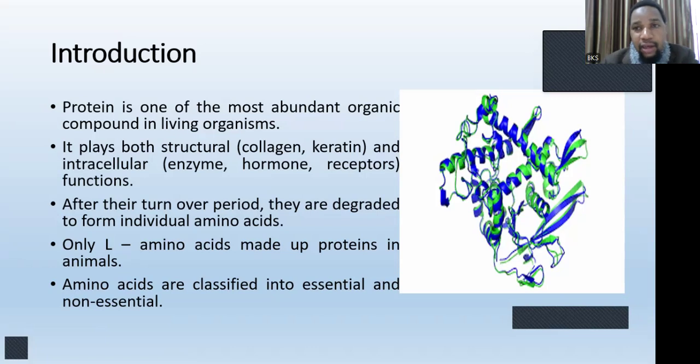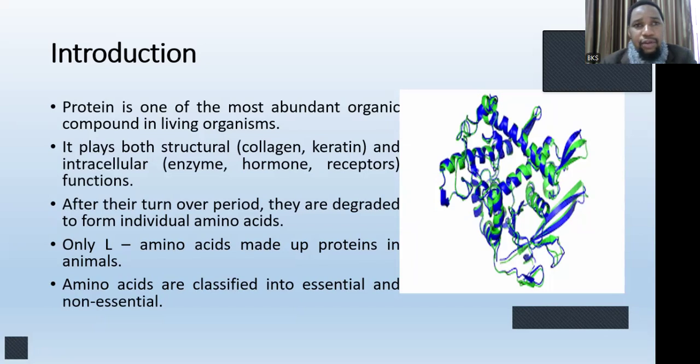They are prone to damage. So some of these enzymes, once they are produced, do what they're supposed to do. So this is how proteins are being produced. All the proteins have these turnover periods.